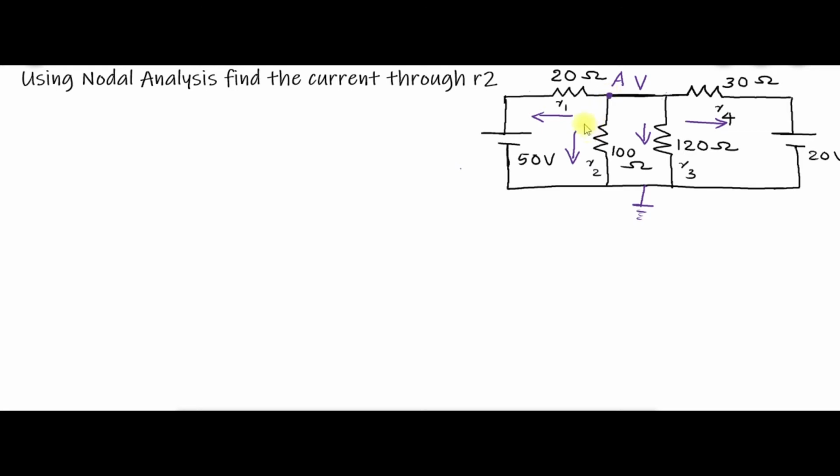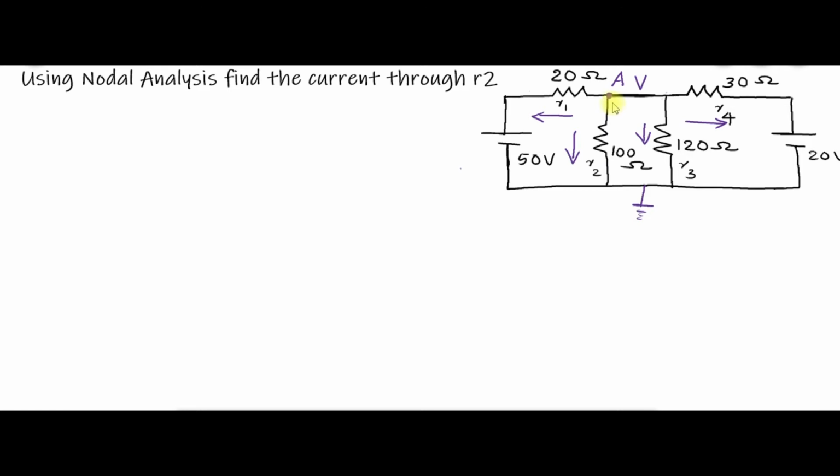Otherwise, I would have to take the sum of incoming currents equal to the sum of outgoing currents. Here I have assigned every current direction as leaving only, so the algebraic sum of currents meeting at this node is equal to 0.